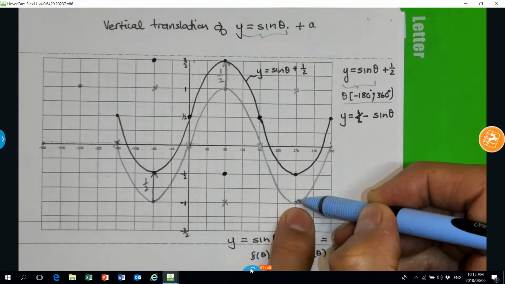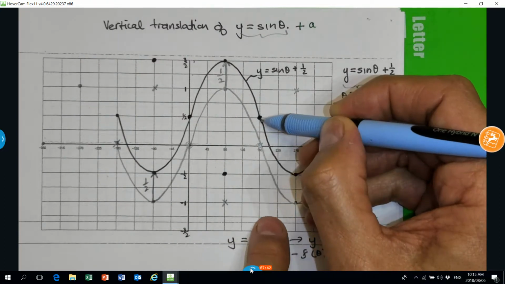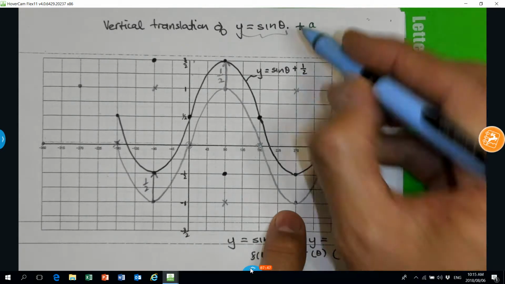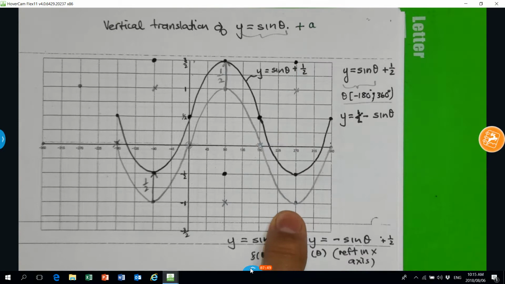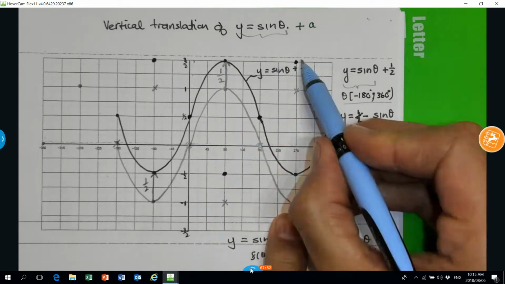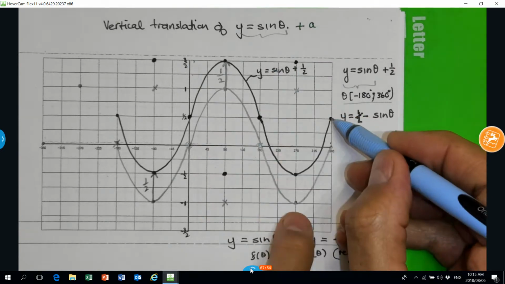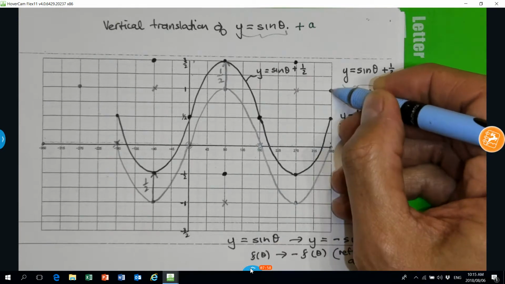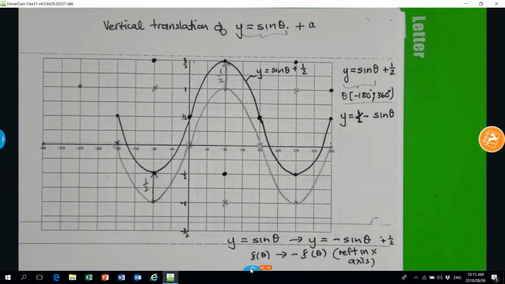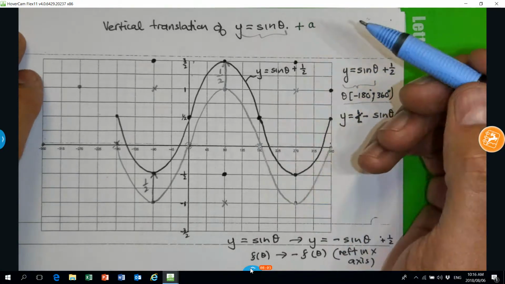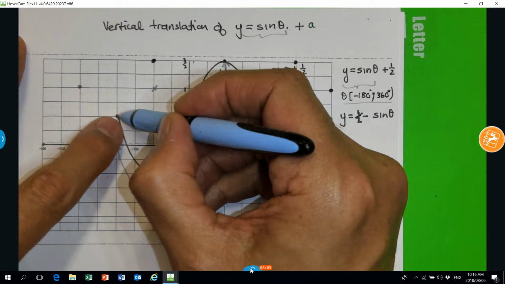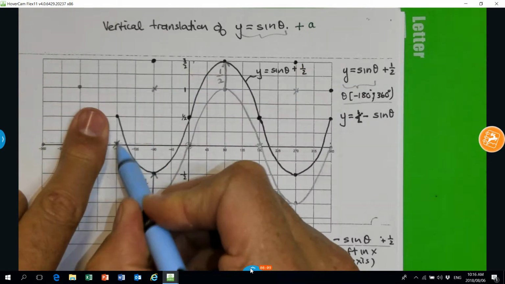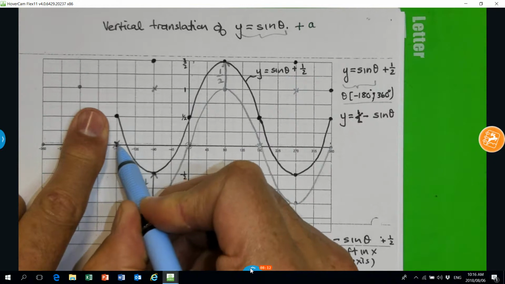And this, another half rather. And then the cross point over here would also move up a half to land at 1.5. And then this point where it will exit, which is a half, will have a half added, and this graph will exit at the point 1. So if I bring it down, remember this point also, the minus 180 point, this one moved over there, this cross point.